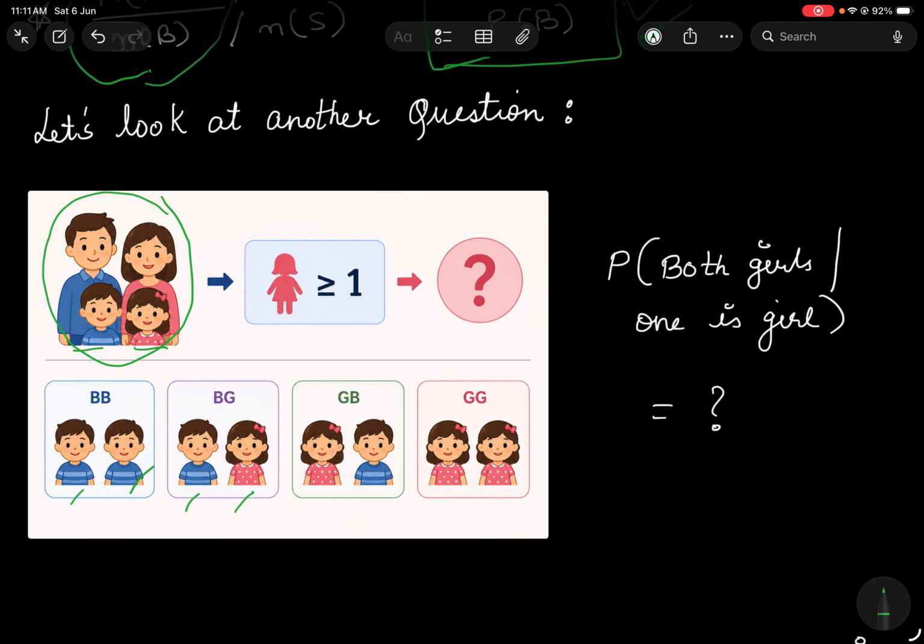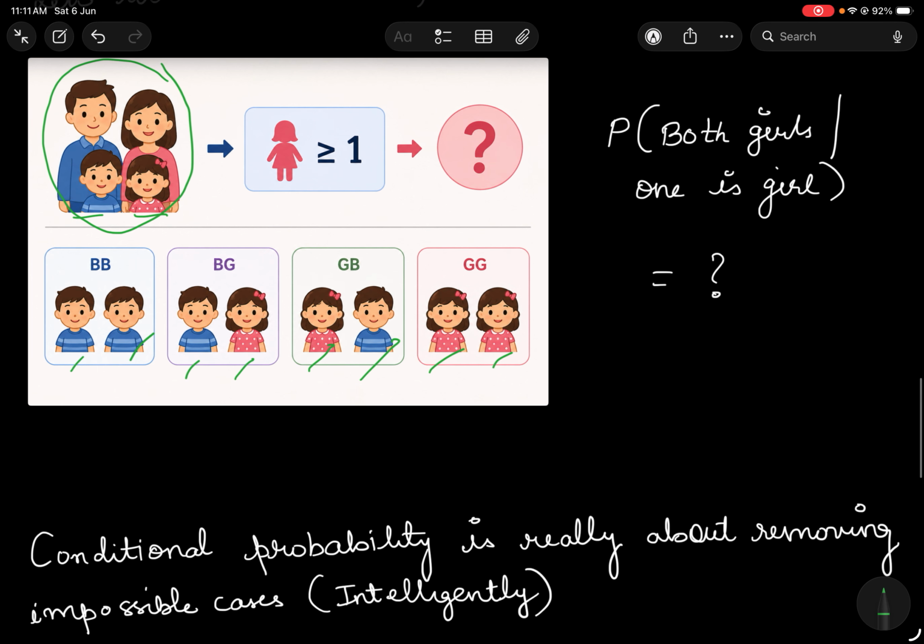The younger one is a girl and the elder one is a boy. Or both are girls. Now suppose I ask you, what is the probability that both are girls? I know this is my sample space, so the denominator is 4 and only one case has both girls. So the answer is 1 by 4.